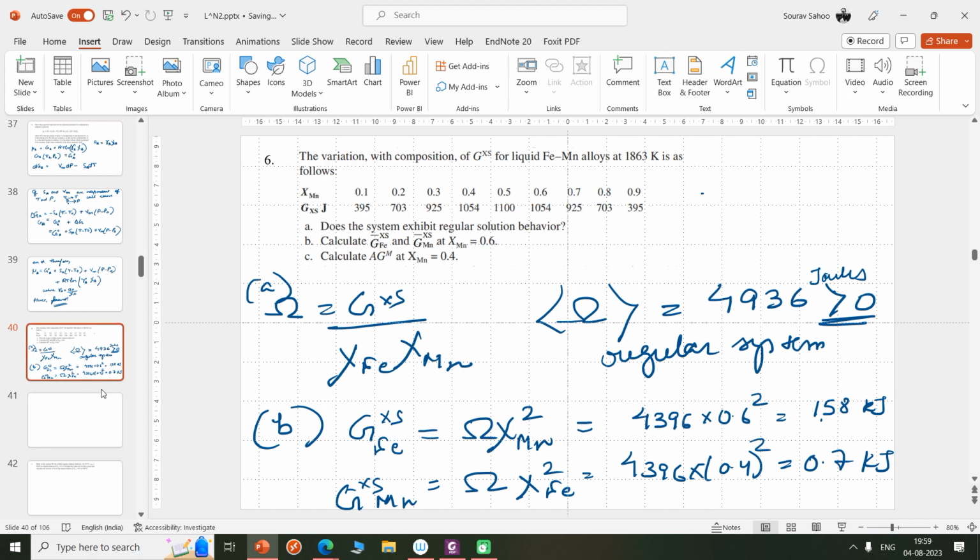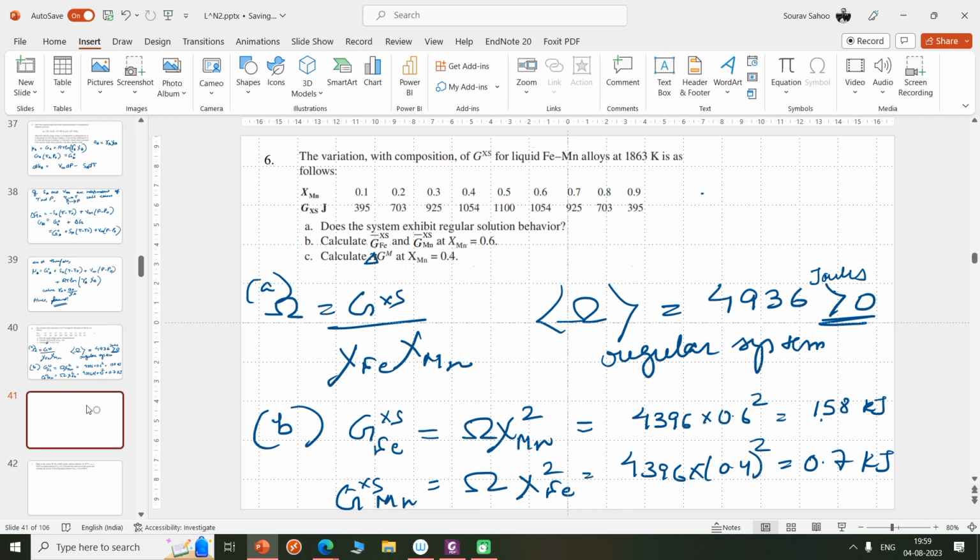And part C, calculate the activity. So this is basically the activity coefficient. Delta G, not delta G, sorry. So gamma is delta G mix, and chi Mn is equal to 0.4, right?